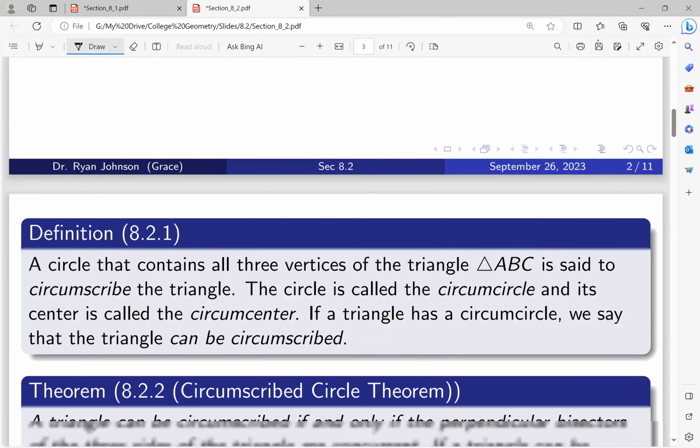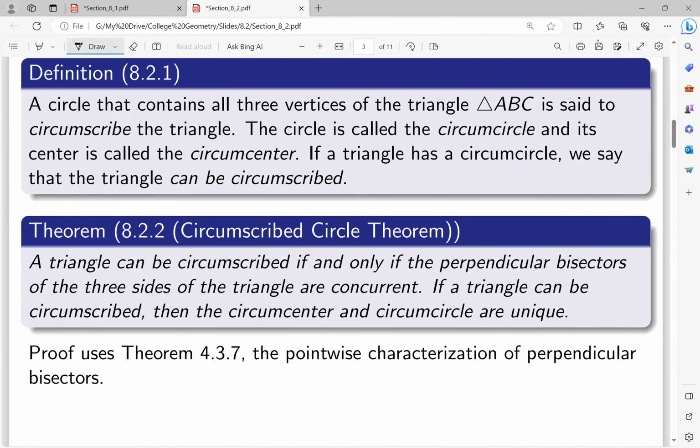Let's do it. A circle that contains all three vertices of the triangle ABC is said to circumscribe the triangle. The circle is called the circumcircle, and its center is called the circumcenter. If a triangle has a circumcircle, we say the triangle can be circumscribed.